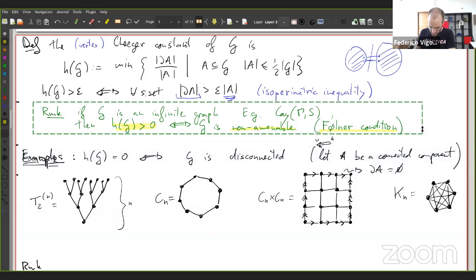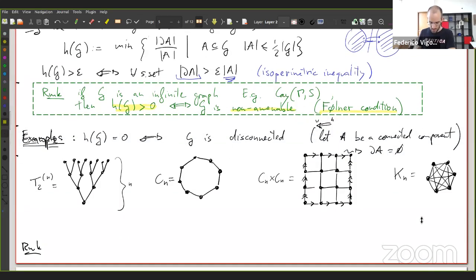Let's write some more explicit examples. For example, let's just compute some Cheeger constants to see what happens. First off, let's start with a tree, the rooted binary tree that has n levels. We want to estimate the Cheeger constant, and there is one natural candidate to check.